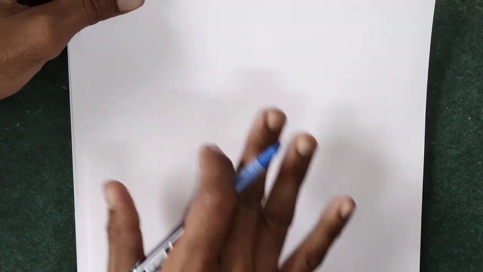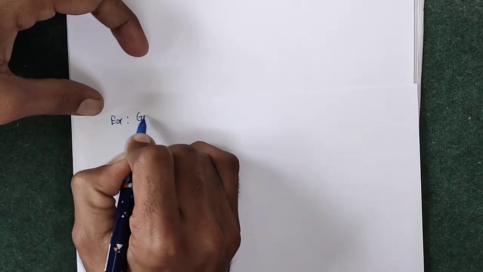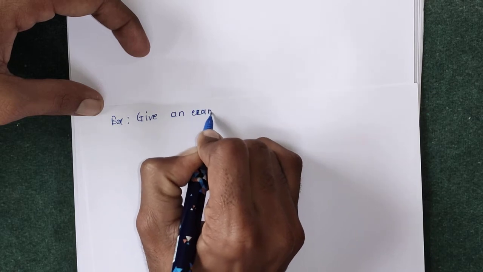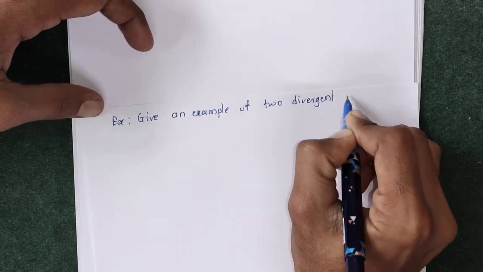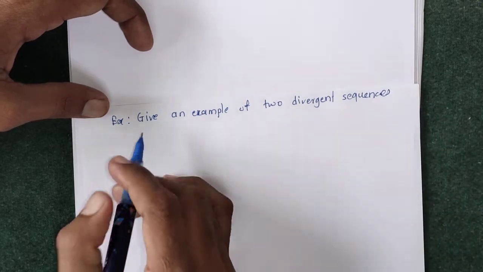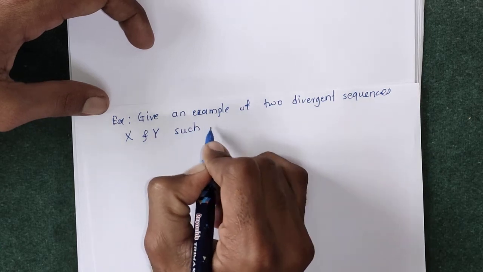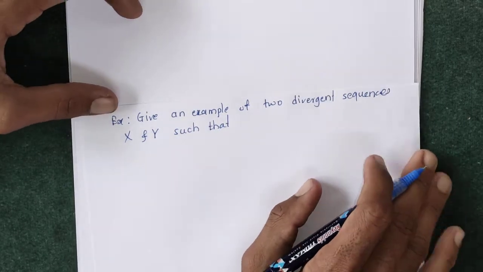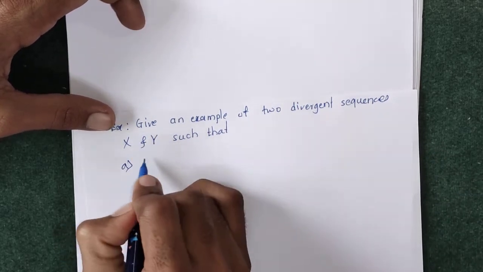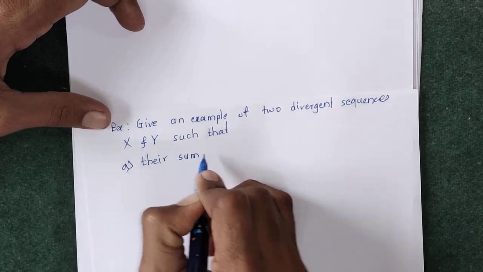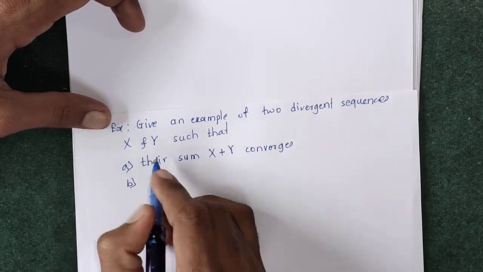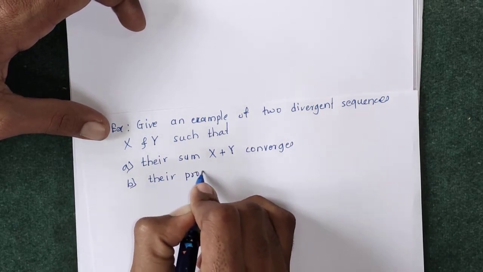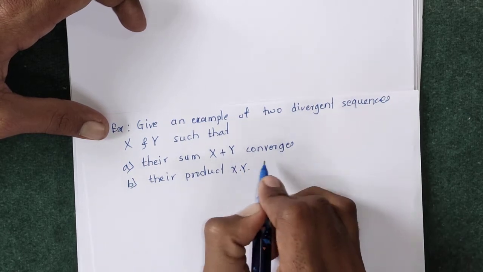Now, the next example is: give an example of two divergent sequences x and y such that, first, their sum x plus y converges, and second, their product x into y also converges.